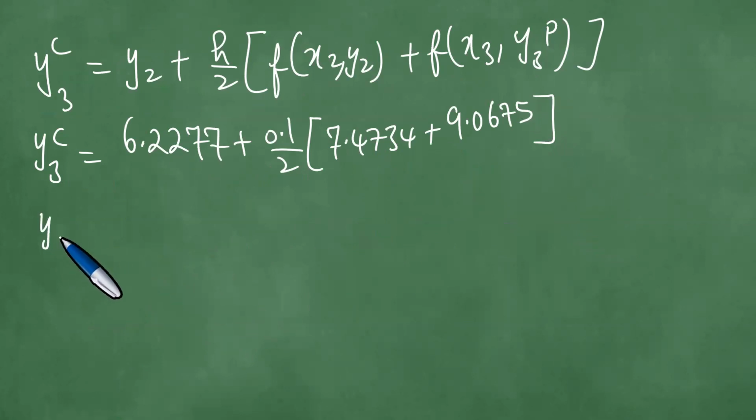Let's see what y3 corrector is going to be. Just using my calculator quickly because I need to verify that we're getting the correct answers here. 6.2277 plus 0.1, you divide by 2, then you multiply by 7.4734 plus 9.0675.